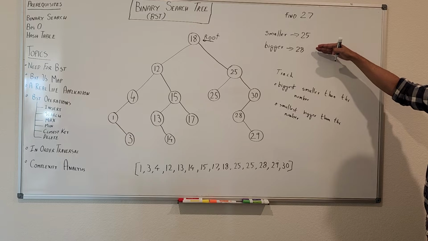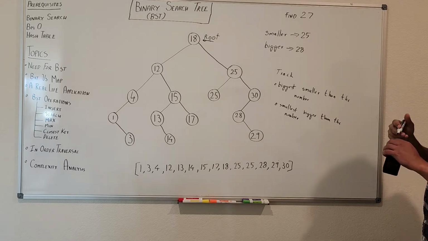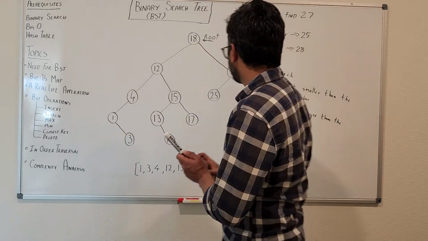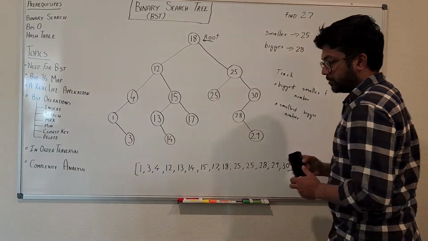So this 28 is the smallest bigger than 27. So now we've looked at closest key also. Now delete.